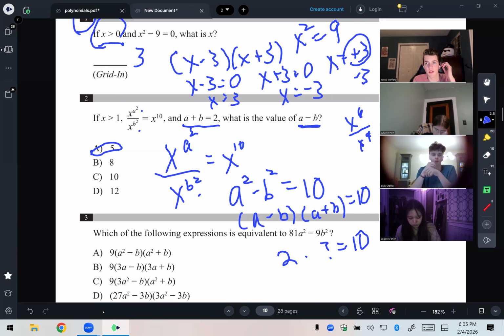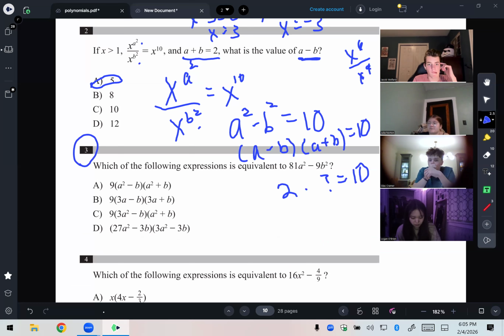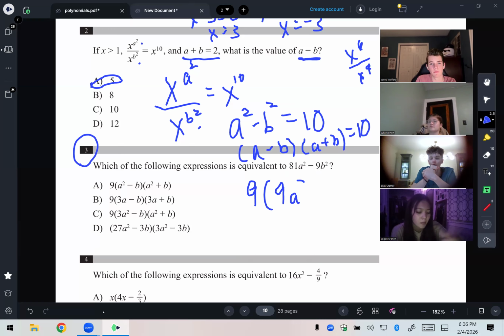Okay. All right, so let's look at this one. So first we're going to factor out a 9. Got to get rid of this because the 9's in both of these. So we'll have 9 times a squared minus b squared. And then this looks like the difference of two squares.